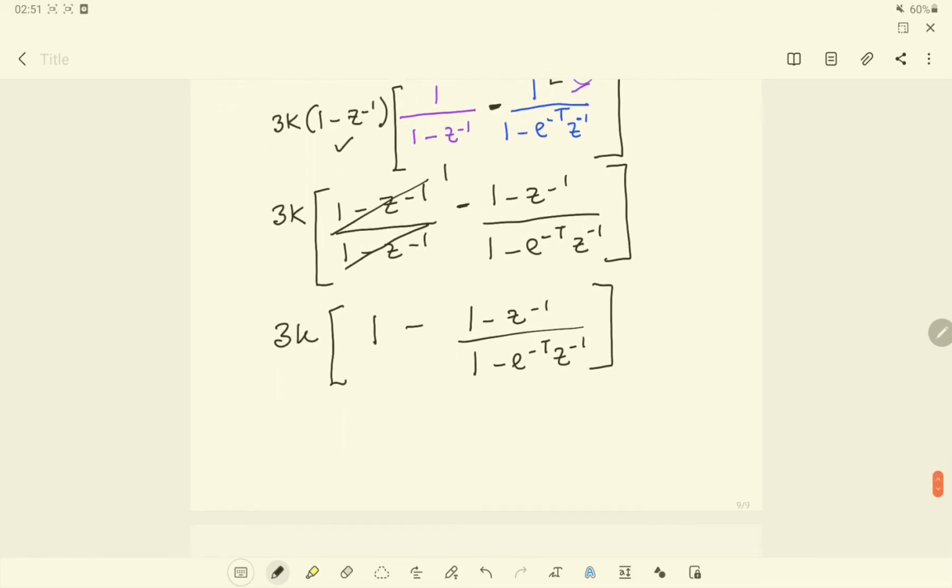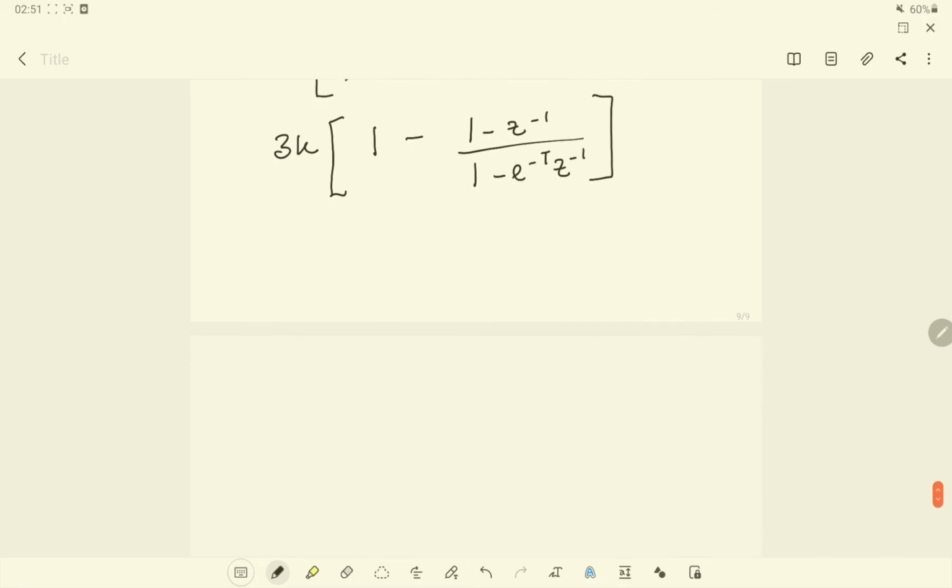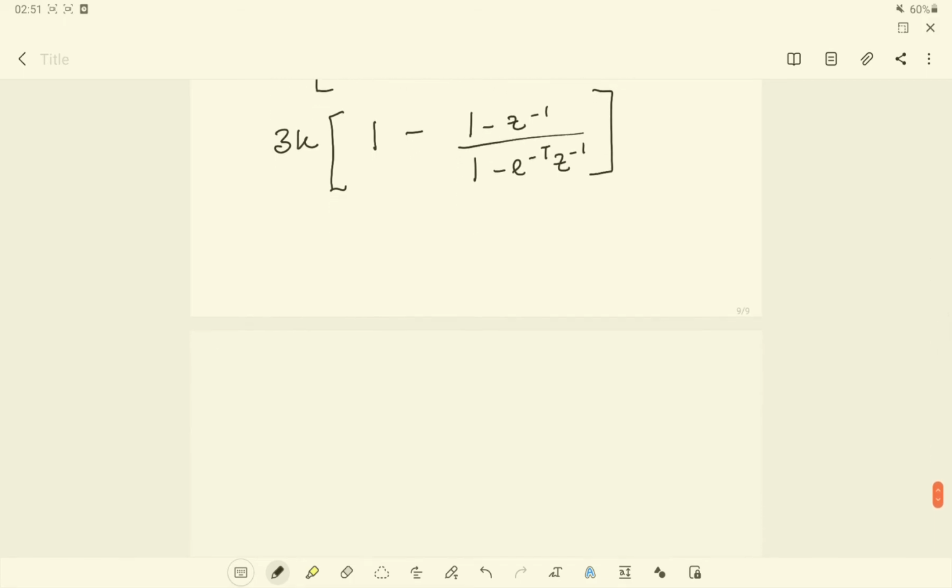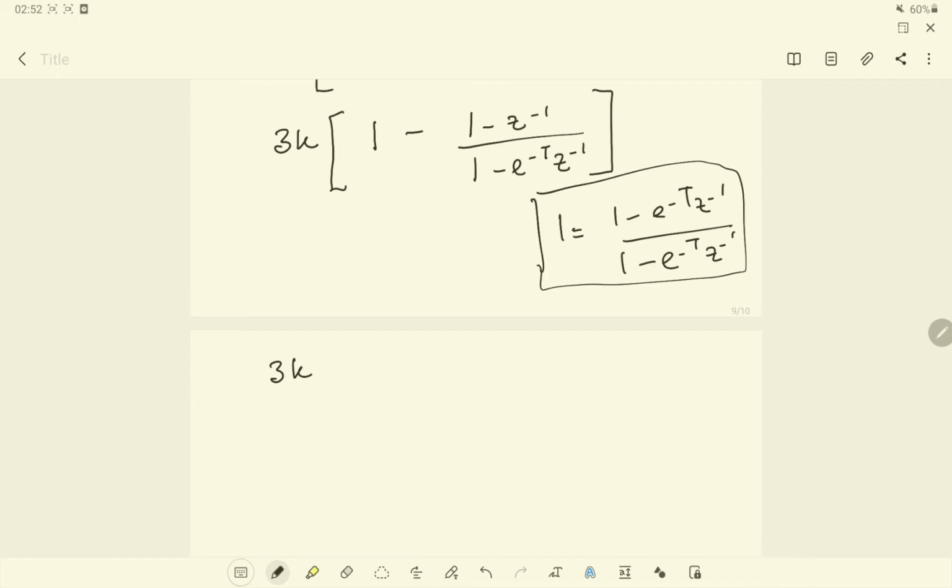You want to expand the equation from here. So we will get 3k times (1 over 1 minus e to the power of minus T z inverse... I think I have to explain this, because someone will ask how we get this equation.